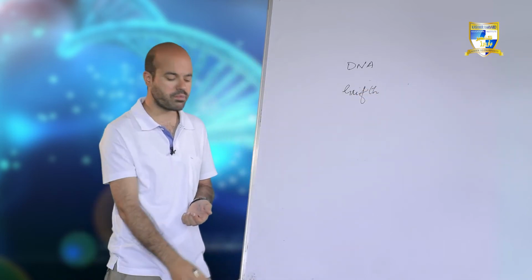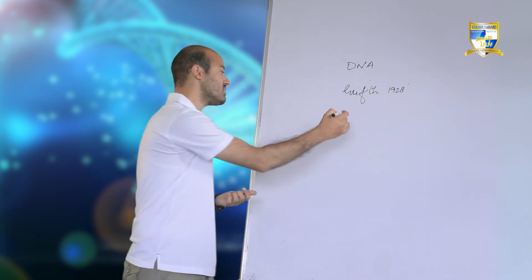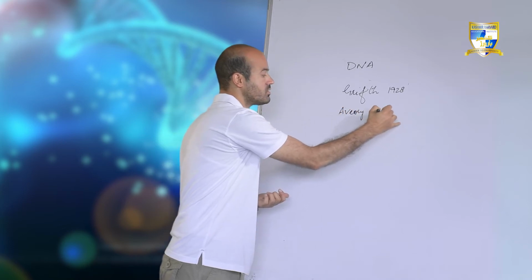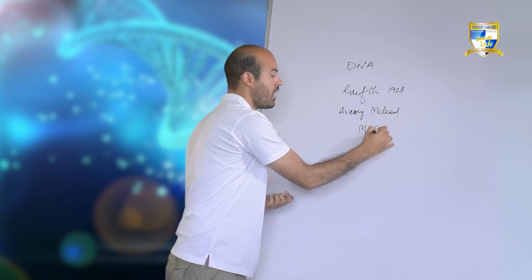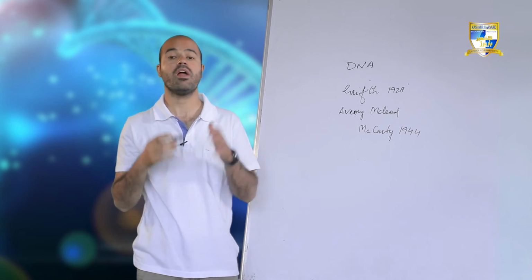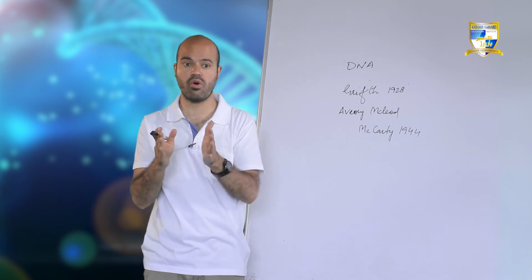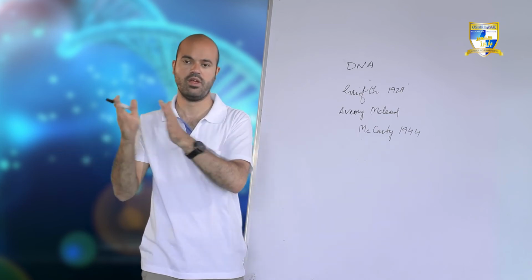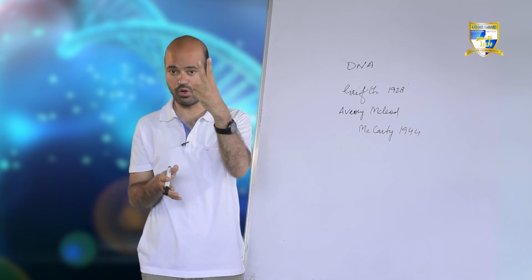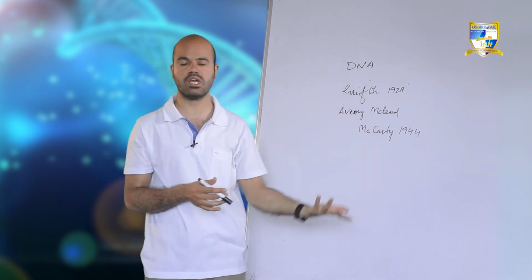He performed an experiment in 1928. Then there was another group of scientists, Avery, MacLeod and McCarty, in 1944. They performed experiments and showed that it's actually DNA which is transferred from one generation to another. In a cell we have proteins, carbohydrates, fats and nucleic acids, DNA or RNA.